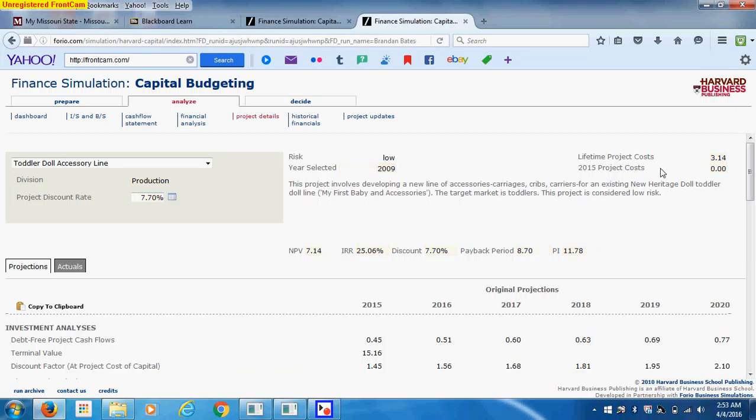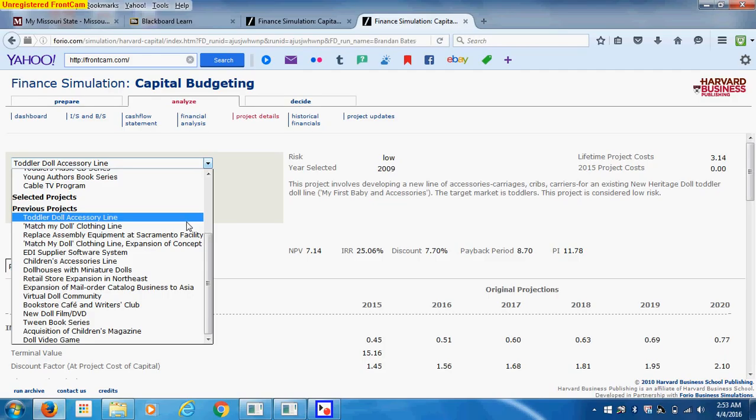Looking at it, it has 0 2015 project cost, a payback period under 10, which was important for me to look at, and the lifetime project cost is less than the NPV, net present value, which was important. What else do we have?